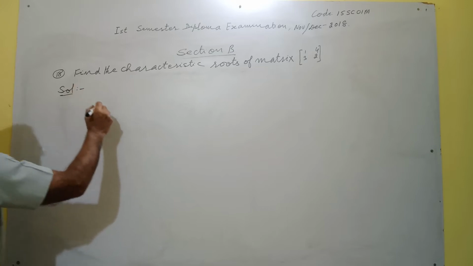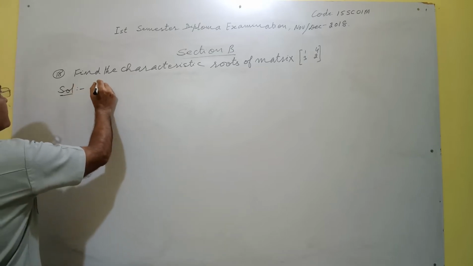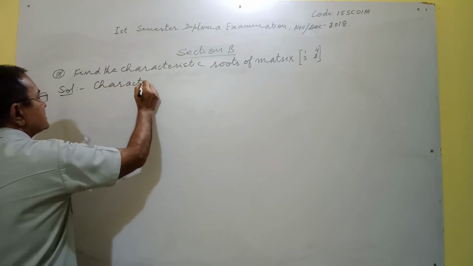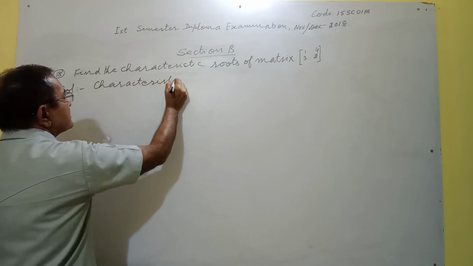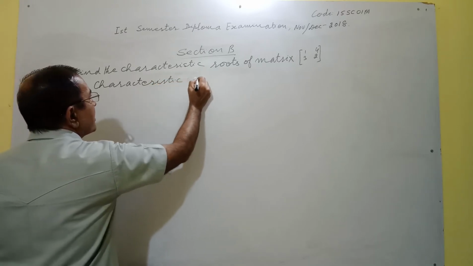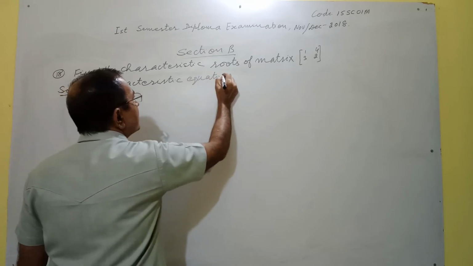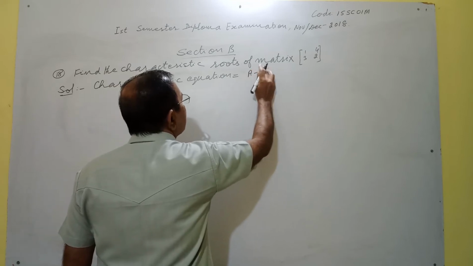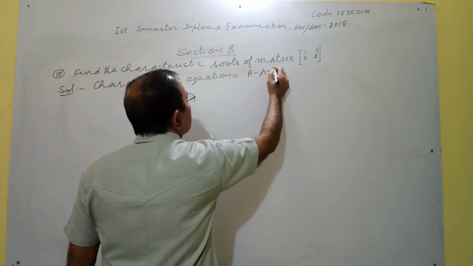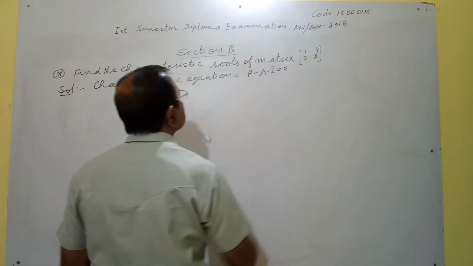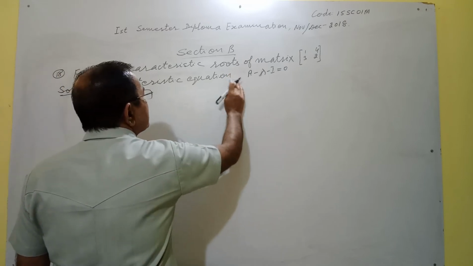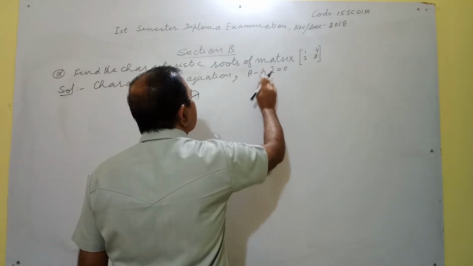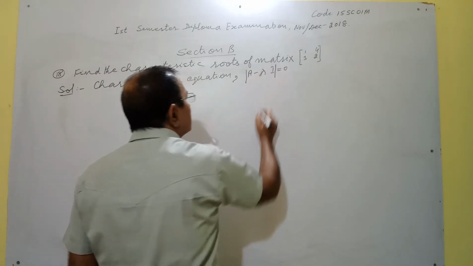Characteristic roots of a matrix are given by the characteristic equation, and the characteristic equation is determinant of A minus lambda I equals 0.